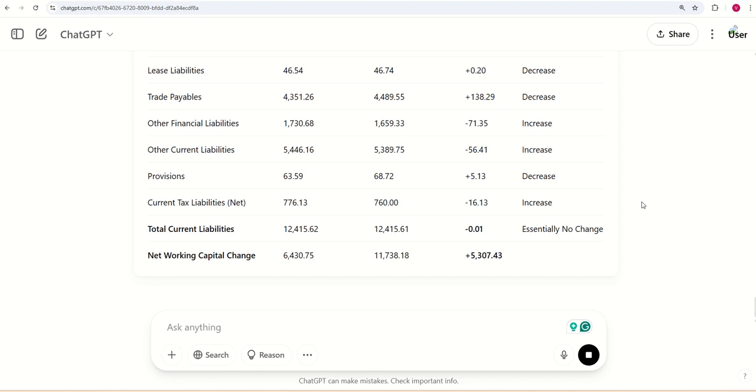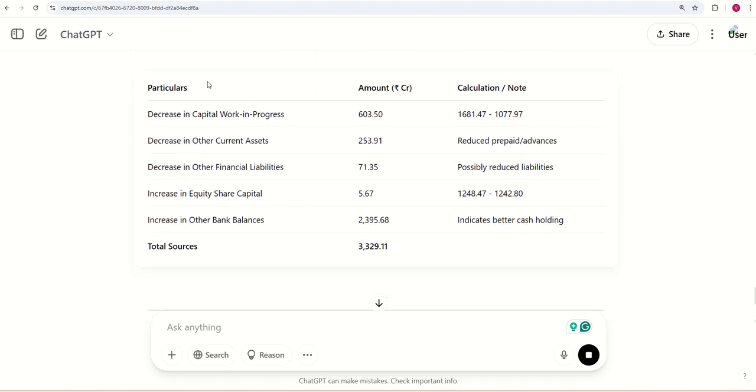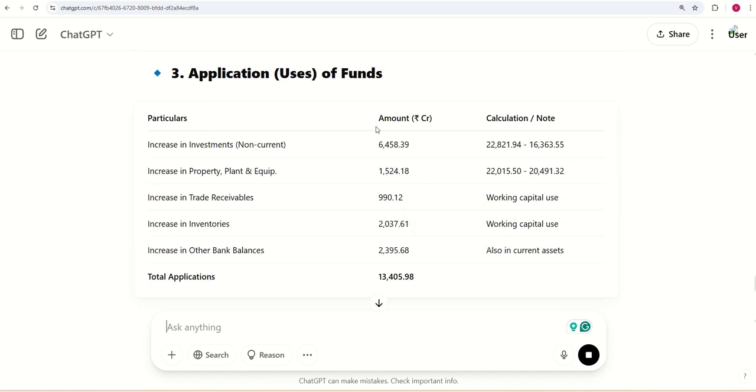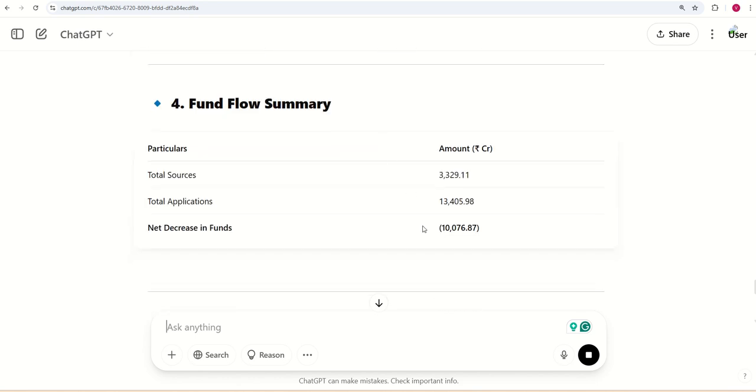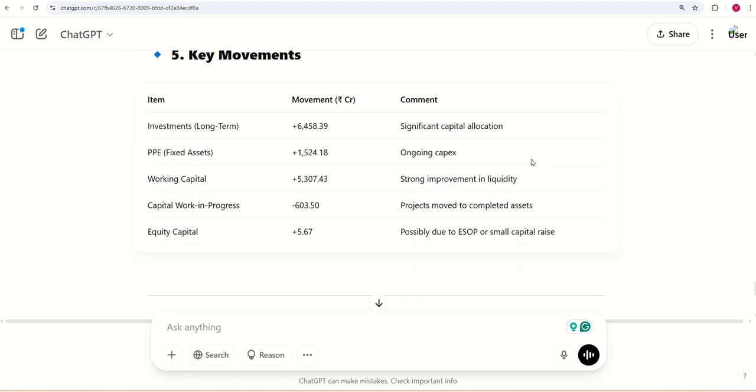So first it is giving a schedule of the working capital changes, then sources of funds, like where all the money has come into the balance sheet and where that money was used. And there's a net difference of around 10,000 crores.